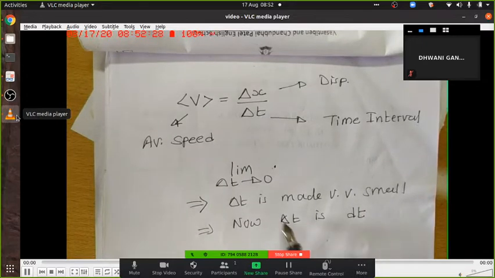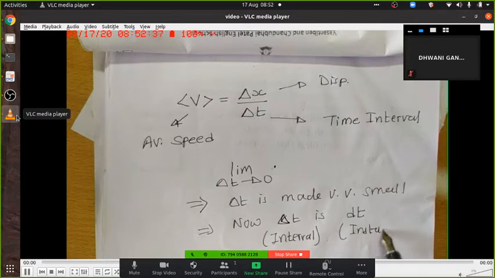This triangle delta t means it's an interval, and dt means it is an instant. Interval means it's a long duration, and this is a very very very small duration.